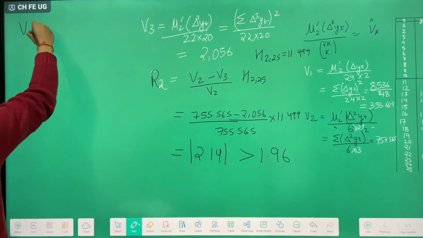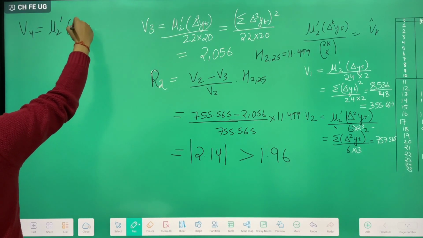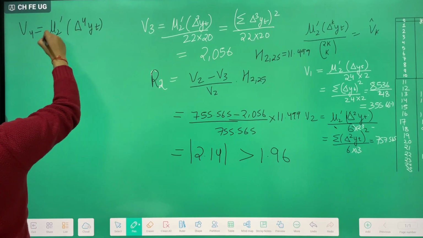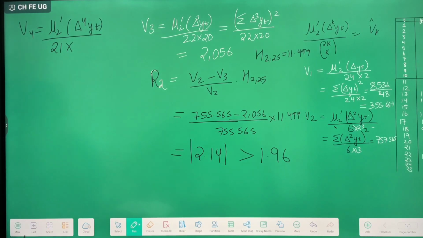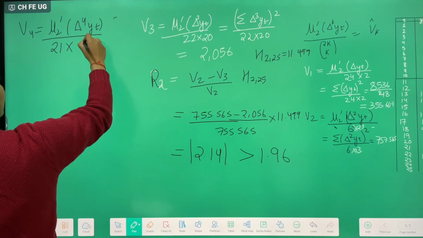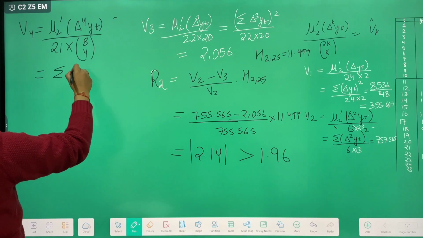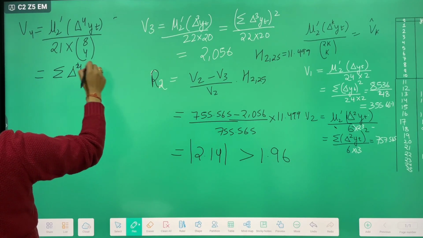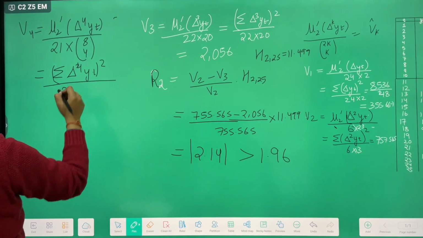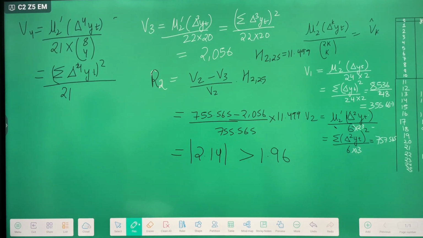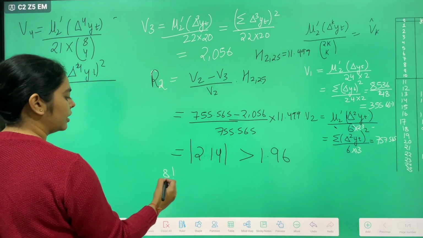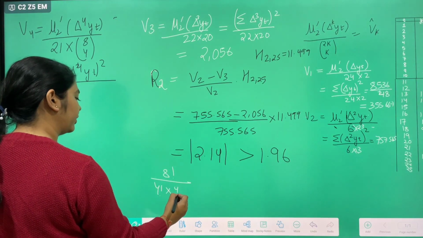So V4 is equal to mu 2 dash, delta raised to the power 4 yt, upon 21 into 8c4, which would be again summation of delta raised to the power 4 yt whole square upon 21. 8c4 would be 8 factorial upon 4 factorial into 4 factorial.